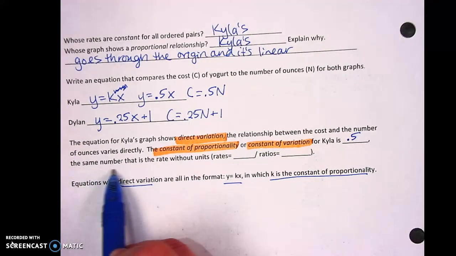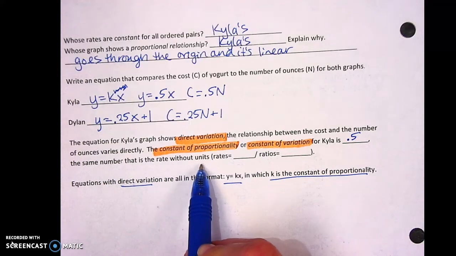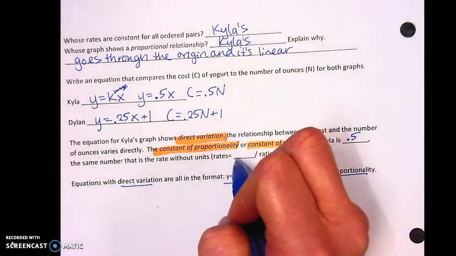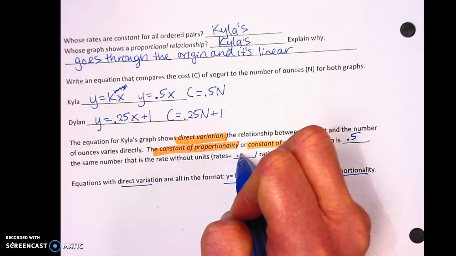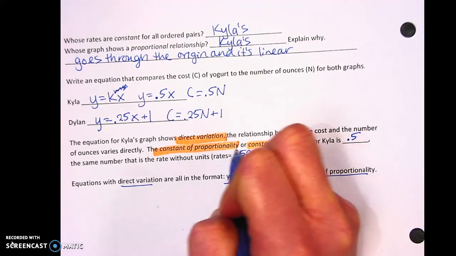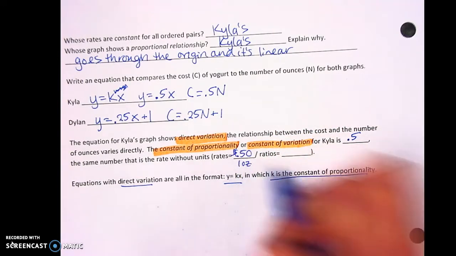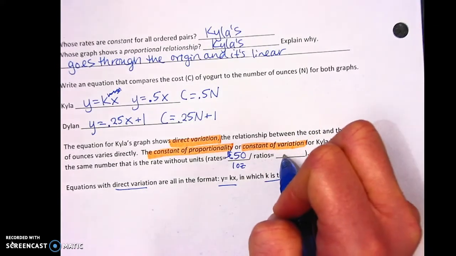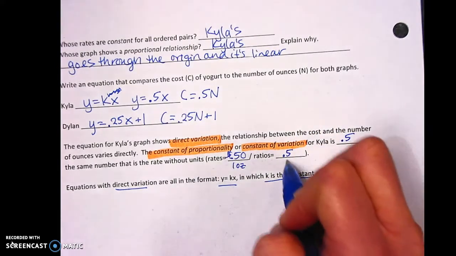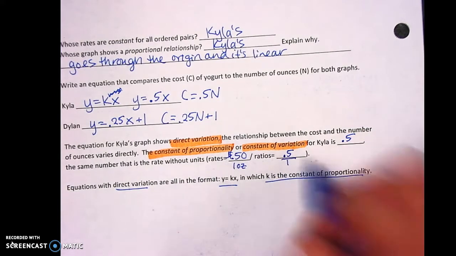Writing this another way, this is the same number that is the rate without units. Well, a rate technically has units. This would be 50 cents per 1 ounce. Or as a ratio without units would be just 0.5. Or I could put that over 1 if I want to, but that's unnecessary.